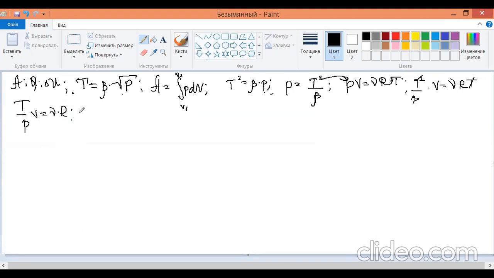Let's express V from this equation: V is equal to mu times R times beta over T, right? And now we can derive the differential of the volume.